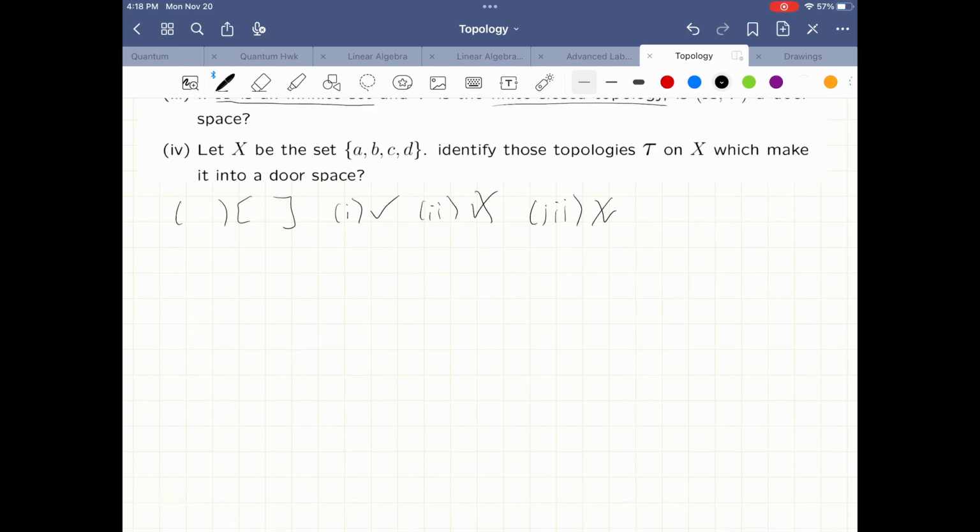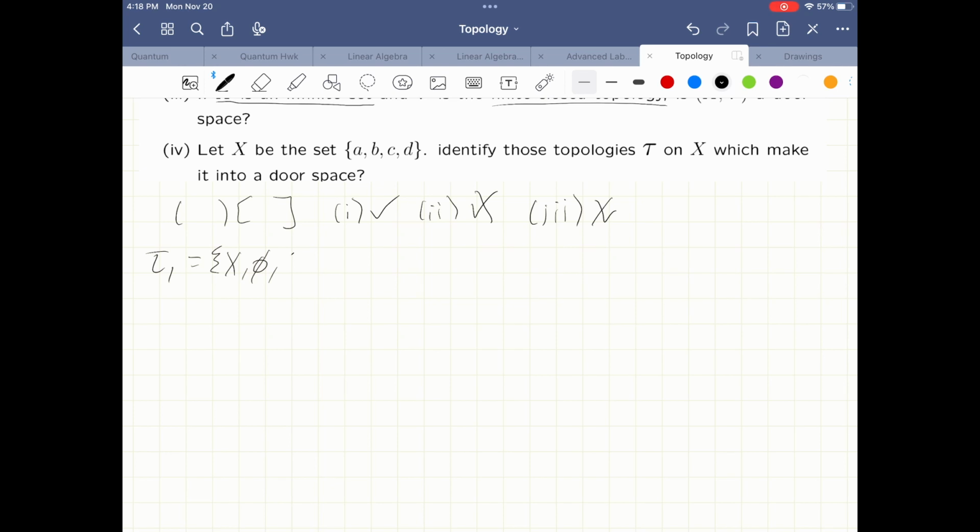Let's get our first topology. In order for something to be a topology, we always have to have the set itself, the empty set, and elements from our set as subsets, and the unions of set elements.